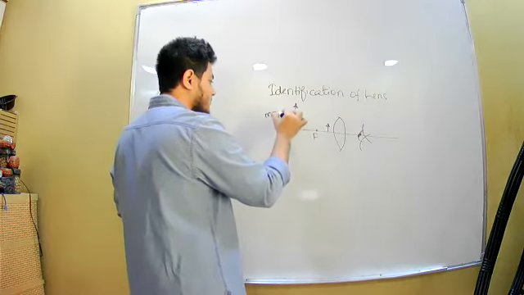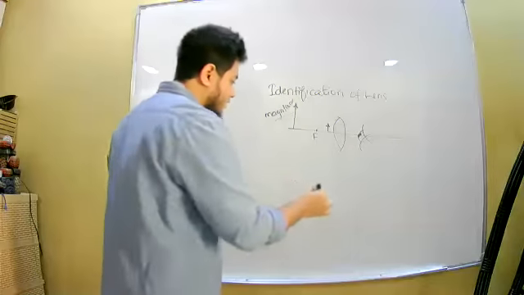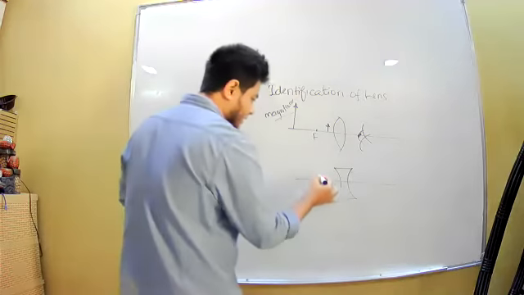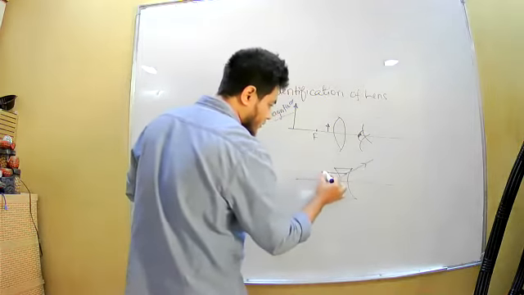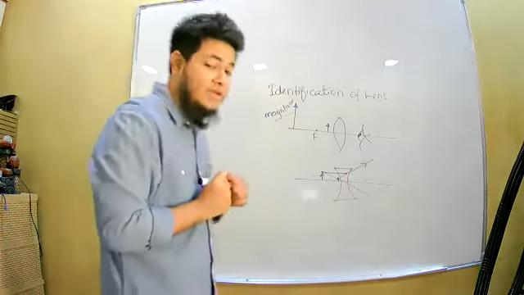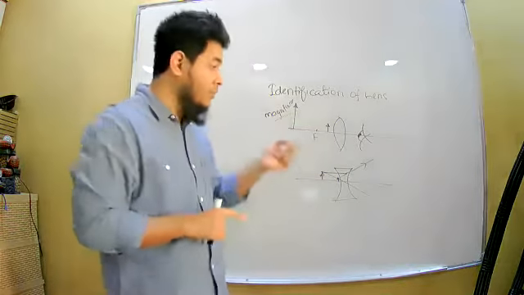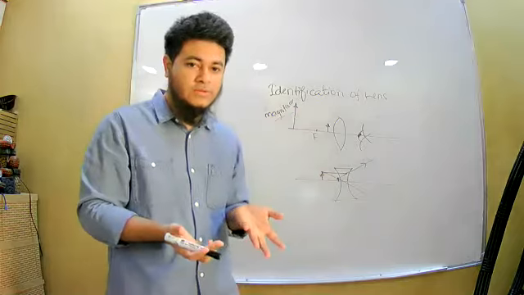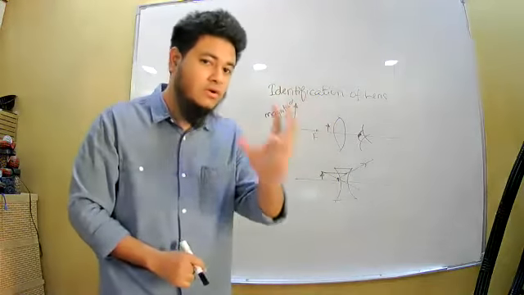But we get a diminished image in case of a concave lens. In both cases you will get a virtual and erect image, so based on these two categories you cannot differentiate. You have to differentiate based on whether the image is magnified or diminished.